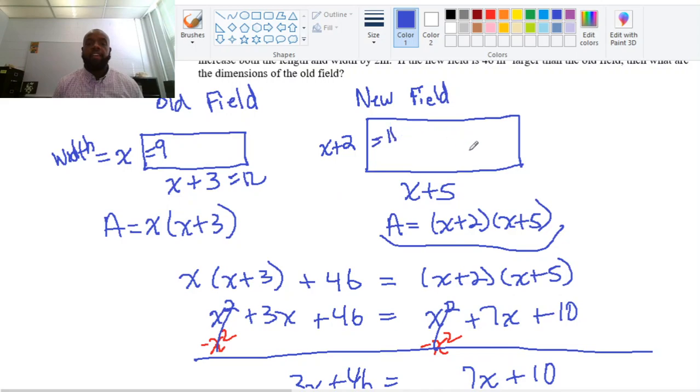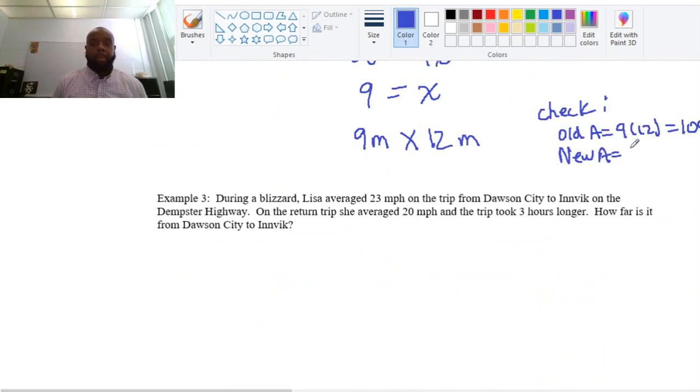So the width is 11. 9 plus 5 is 14. And I don't know 11 times 14 in my head. So that's 11 by 14, which is 154. And if I do 154 minus 108, that's actually 46, right? These are meters squared, right? Which is what I expect in the problem.